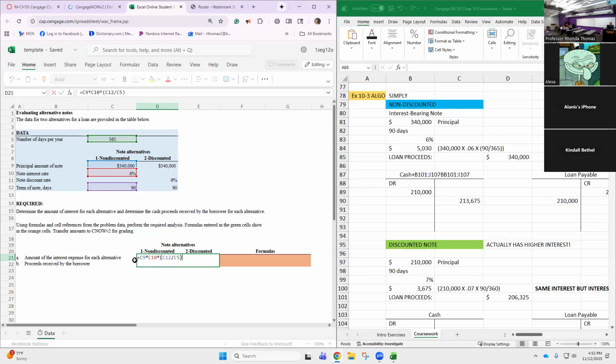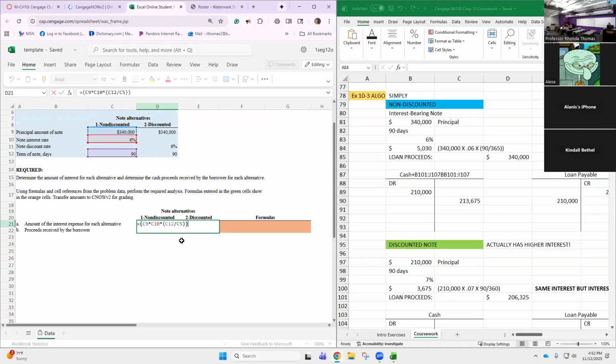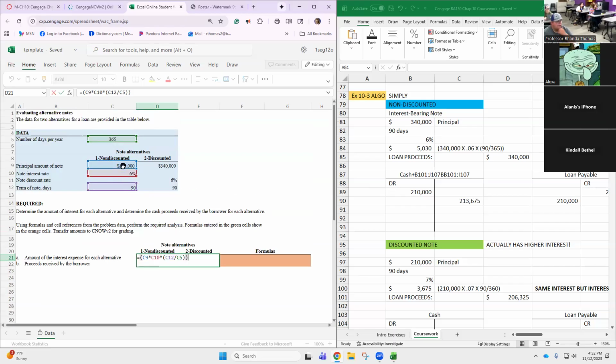Close our parentheses. Now we need one more set of parentheses around the whole thing, at least I believe so. Here's what you've got. One more time: start with equals and an open parenthesis, get the principal times the interest times open parentheses, the number of days divided by 365, then close parentheses and hit enter.